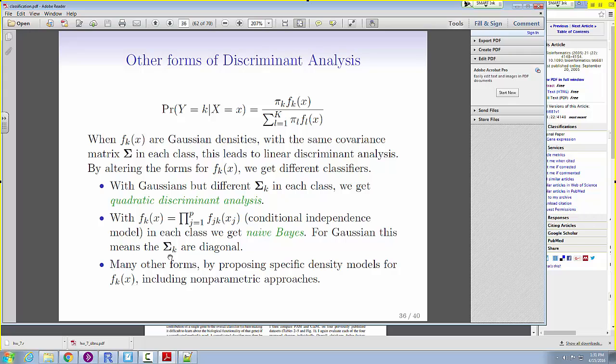Zeros everywhere but the diagonals. Things simplify greatly. There's no longer these enormous 15,000 by 15,000 covariance matrices that have to be estimated. It's called naive Bayes in the sense that surely your input variables are not independent. The only reason we would pick this is for computational simplicity, and small sample size cases where we don't have a choice.